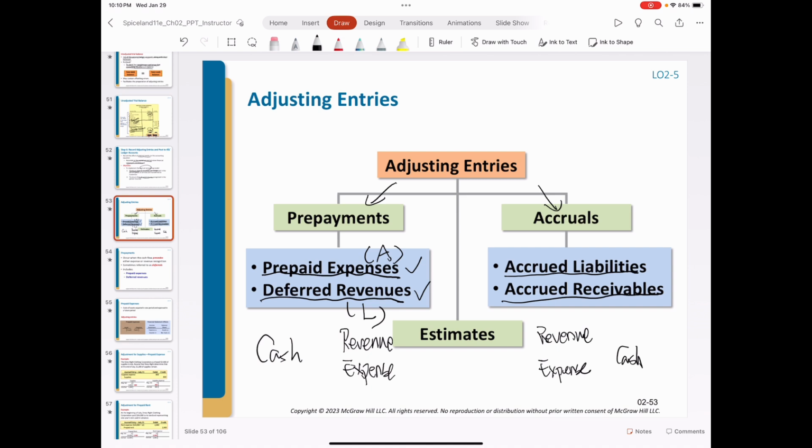So these are the meaning of accruals. We recognize revenue for the company not when it receives cash, but when it provides services or goods to its customers. We recognize expense for the company not when the company makes payments. Instead, we recognize expense when the economic resources are consumed.